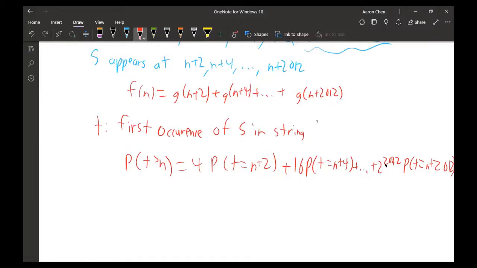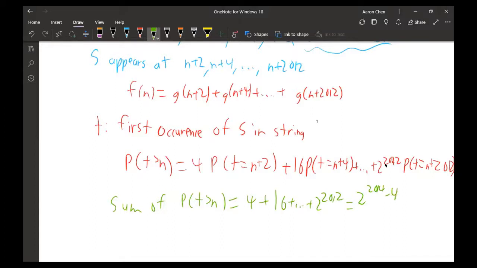Okay, yeah. And so what we can see is that the sum of the probabilities that t is greater than n in total is simply 4 plus 16 all the way to plus 2 to the power 2012. If we use the method of finding the sums of geometric sequences, this is just equal to (2 to the power of 2014 minus 4) divided by 3.